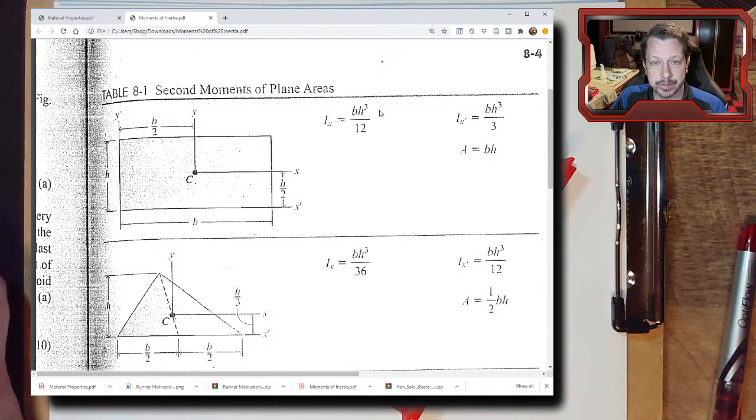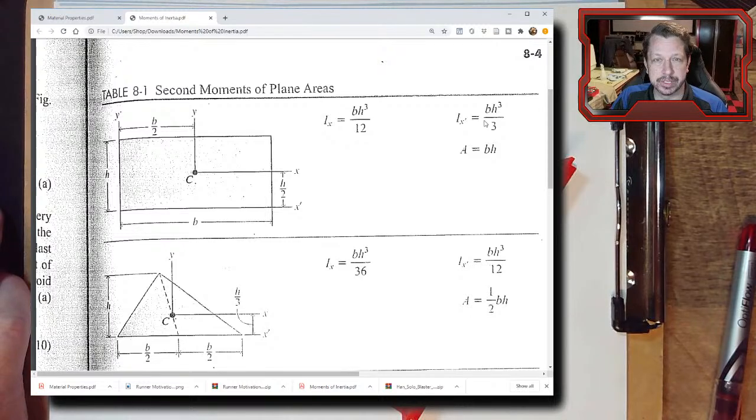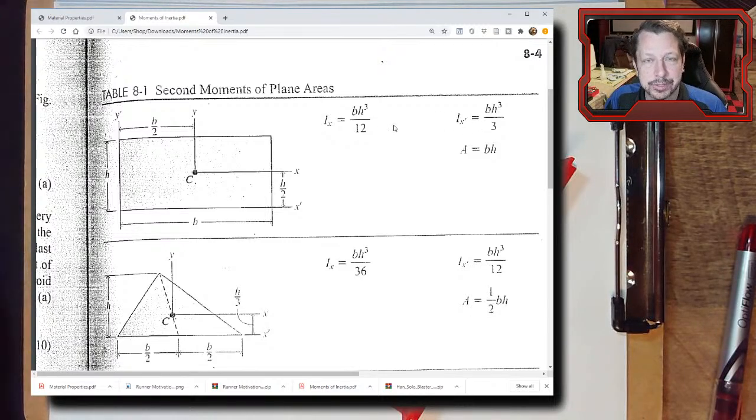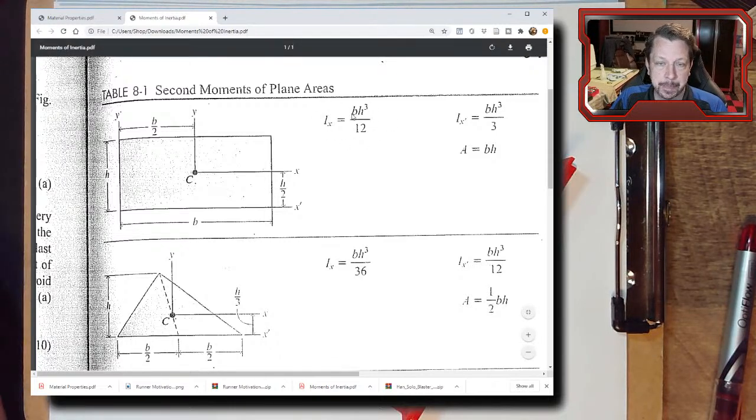So that's referring to these two different moments of inertia. It won't really make sense what they're doing until we define a few more terms. But until you're certain of what you're doing with these moments of inertia, you should probably just use the Ix. The Ix prime can only be used in certain cases. And so if you're not sure of what that case is, you probably should just use the x-axis moment of inertia.